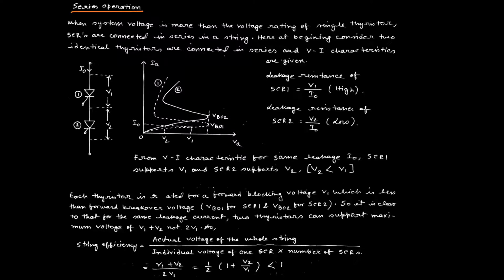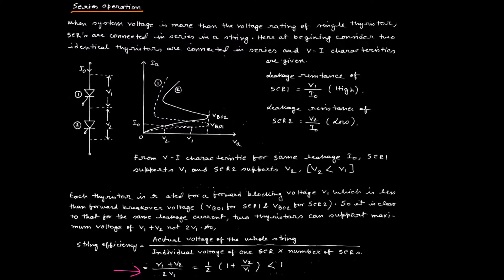We can define the string efficiency as the actual voltage of the whole string divided by the individual SCR voltage multiplied by the number of SCRs used in a single string. That is V1 plus V2 by 2V1, which equals 1 by 2 times 1 plus V2 by V1. That means the result is always less than 1.